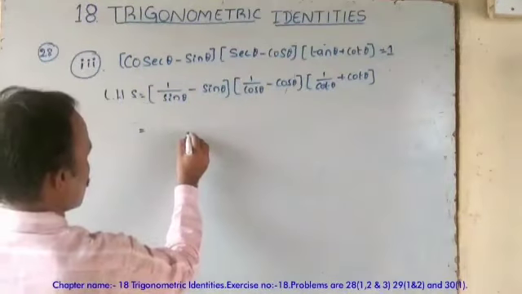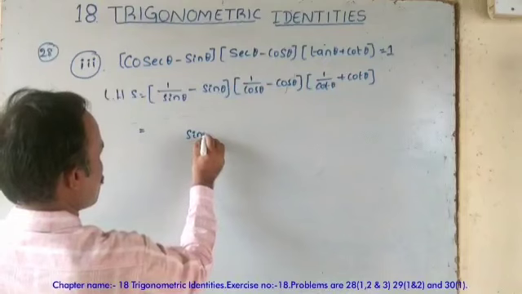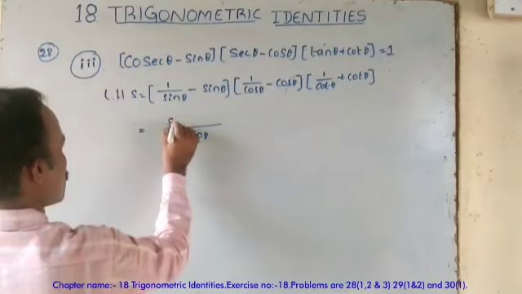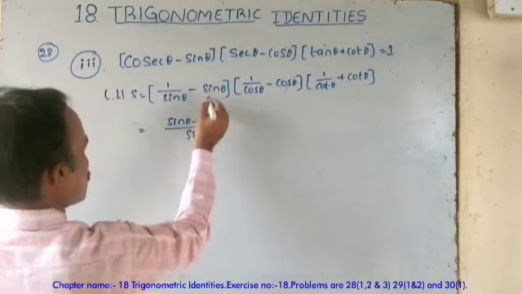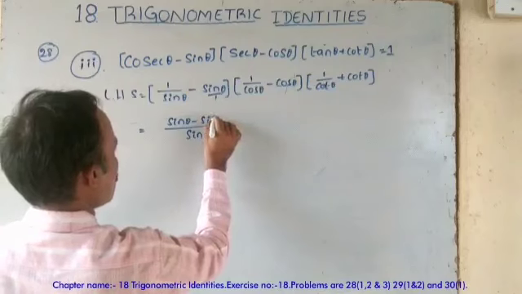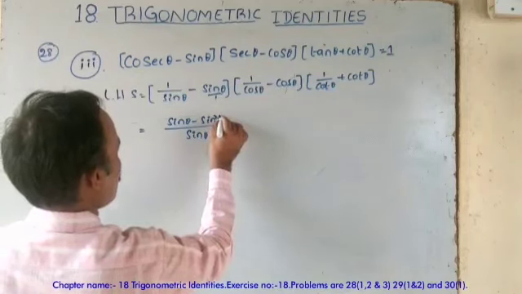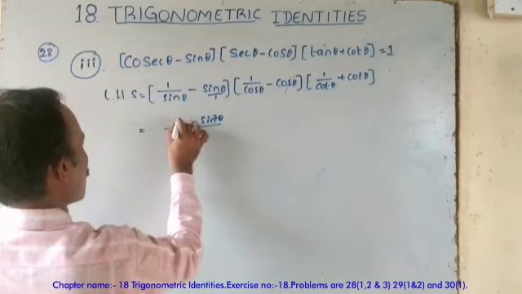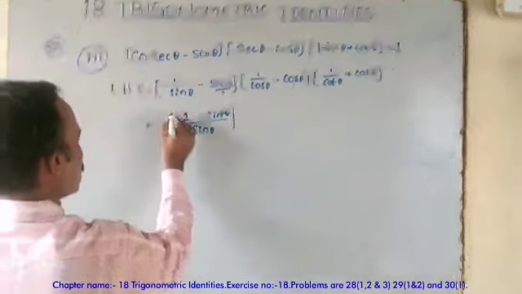Yes, this is equal to sin theta LCM. So sin theta minus, so here what you will get? Sin theta into sin theta, that is sin square theta. Yes, sorry, here wrong. You got 1 here. 1 minus sin square theta.